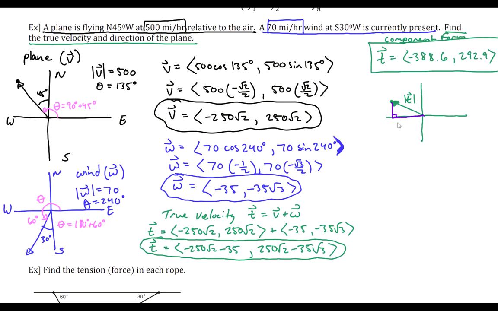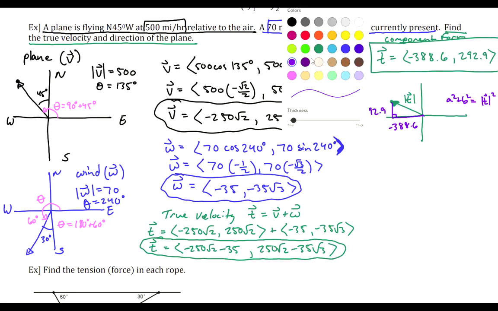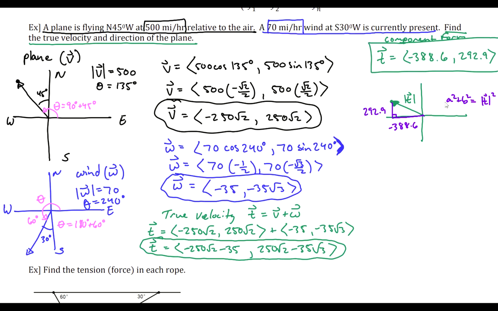So this to the left is the negative 388.6, and then this is the 292.9. And we know the Pythagorean theorem would tell us how to get there. So we've got a squared plus b squared equals c squared, but c would be the magnitude of t squared. And then I'm just going to square root both sides. So often they do that in these problems.